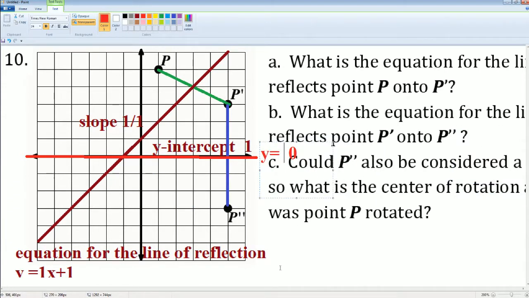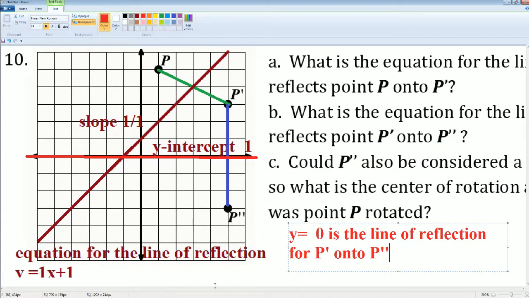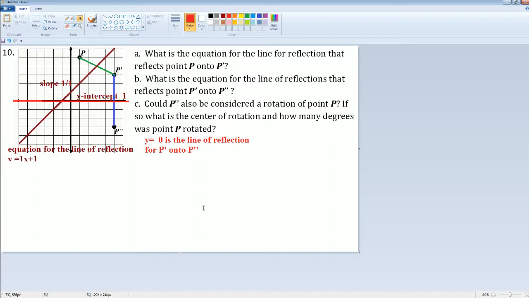That would be the line of reflection for P prime onto P double prime. Let me write that there. There you go. Last one.